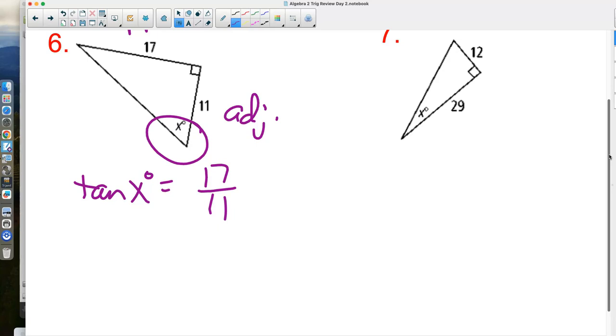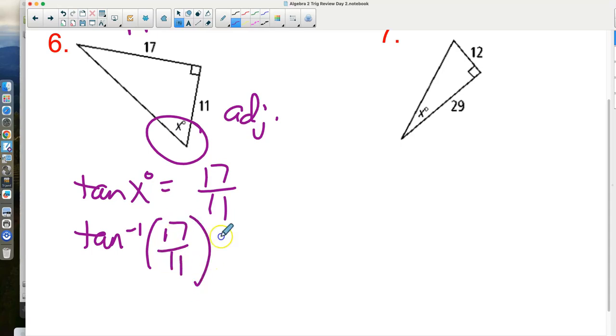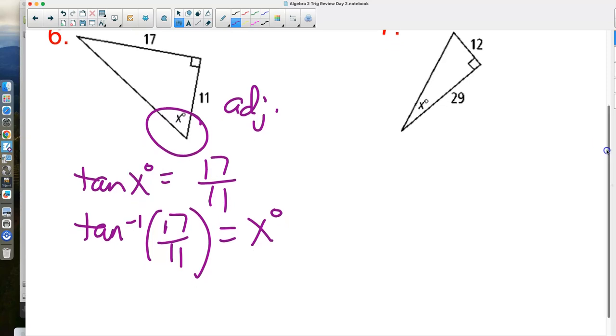It is the inverse. So above your sine, cosine, and tangent, you're going to see this little blue stuff that says the inverses, because it has the -1 power. That's how they signify inverses to us. So what we're going to have to do is punch in second tangent of 17/11, and that's going to give us our degrees.